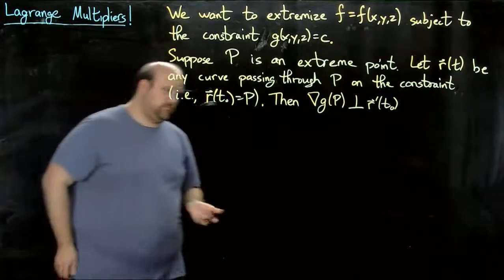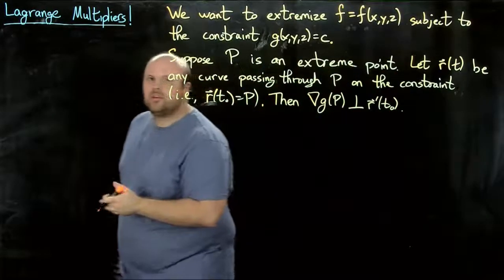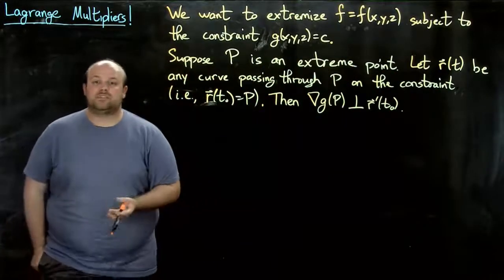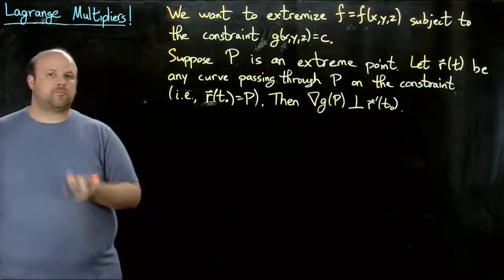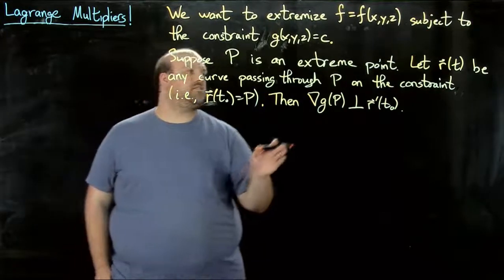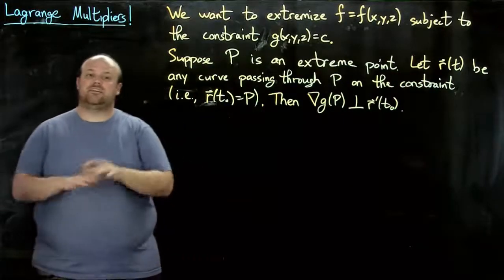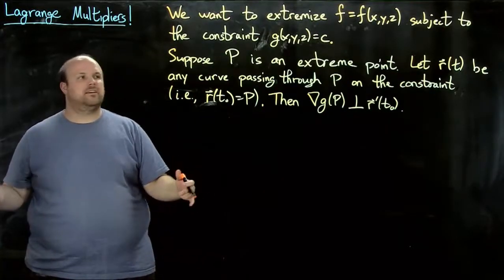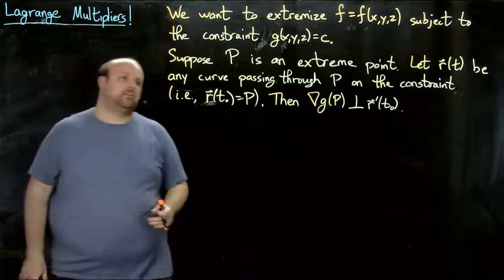That's good, but we need to get f involved. How can we do that? We can restrict f to the curve r of t, because since r of t lies on the constraint surface, restricting to it is just restricting to a piece of the constraint.